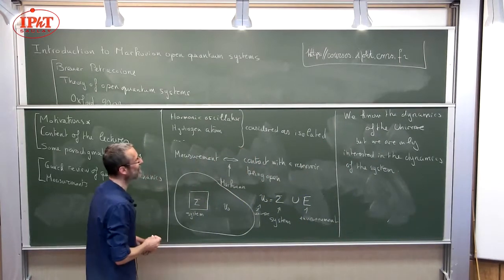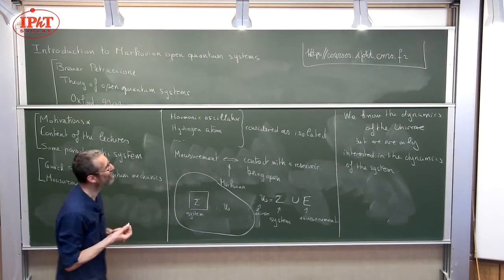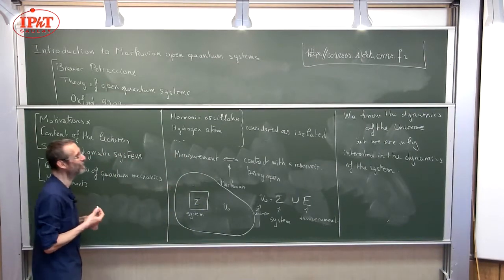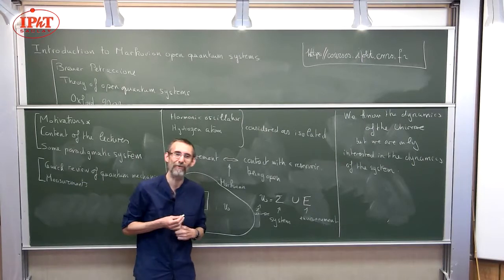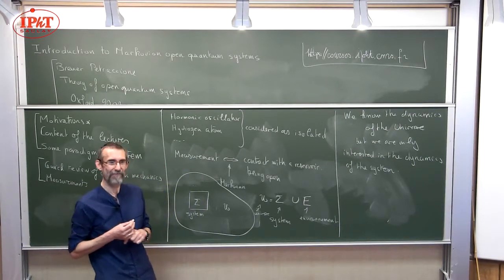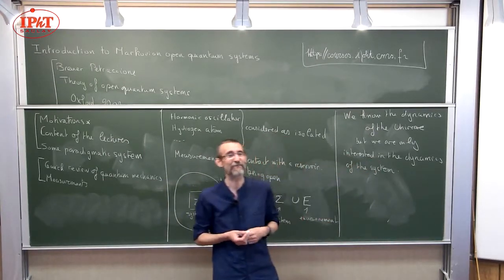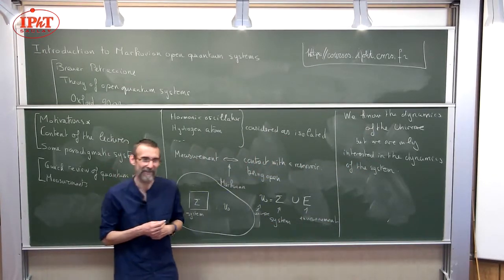And you see that several things may happen. First of all, even if we know the Hamiltonian of the universe, it might be a bit too complicated to solve. But even if we are able to solve the dynamics of the universe, extracting what we are interested in for the system is also a non-trivial task, in fact.